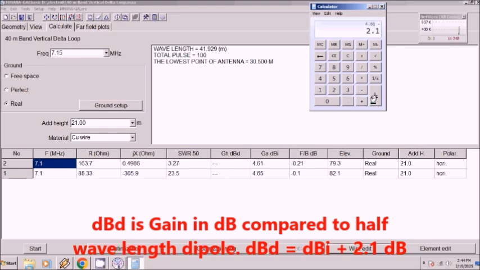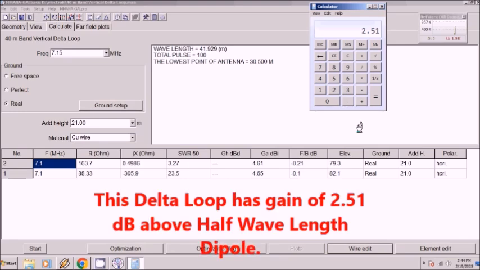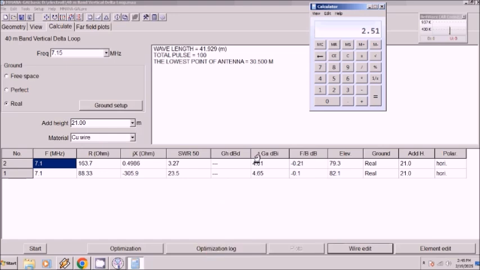Okay, resulting in 2.51 dB. So this antenna performs a gain of 2.51 decibels above the half wavelength dipole. So it looks like it has a better gain compared to the commonly used half wavelength dipole.